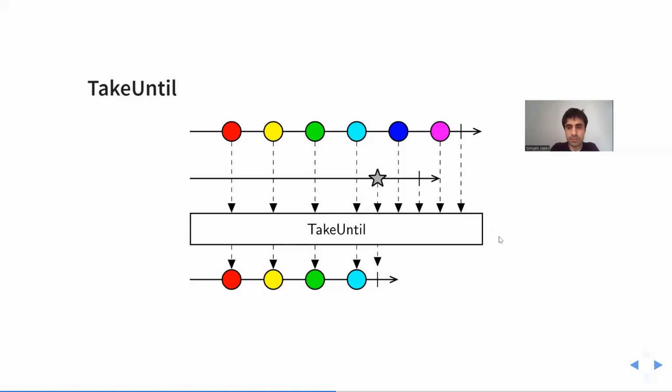So one important thing to realize from these operators right now is that they are not tied to any particular device or data type. So they work the same whether you're using a camera or a microphone or an ephys acquisition system, or a sequence of button presses or poke clicks or whatever it is you have as a sequence. Take until will stop that sequence. Skip until will ignore elements from that sequence, and they don't care about the type of the data or where the data comes from.